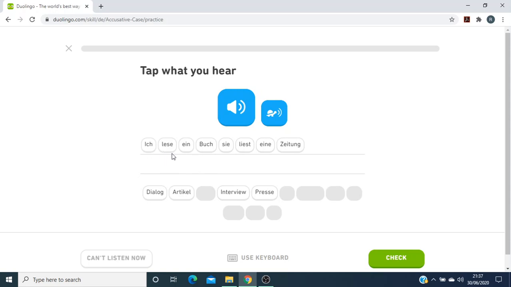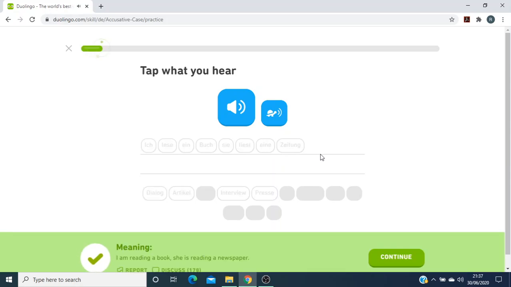That means I read a book, she reads a newspaper. Or I'm reading a book. Because, as probably mentioned in previous videos, there's no distinction between present and present continuous in German.